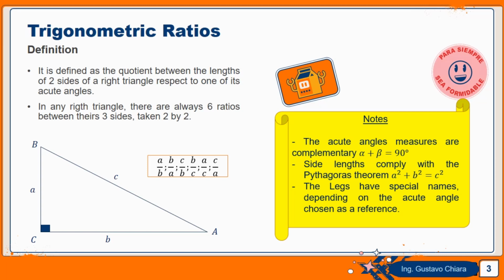The second note is that the side lengths comply with the Pythagorean theorem, which says that the square of A plus the square of B is equal to the square of C. And the third note is that the legs have a special name depending on the acute angle chosen as a reference. So it means that, for example, this side B, taking alpha as a reference, is the adjacent leg, and A is the opposite leg.